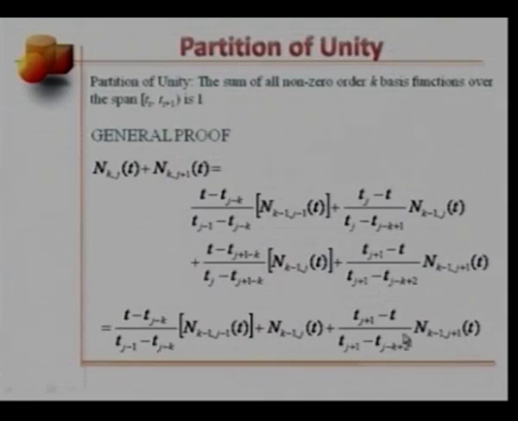Now this is a result of two consecutive splines, N k j and N k j plus 1 added together. We still have to sum those k basis spline functions. Let me copy this result in the next slide, right here.